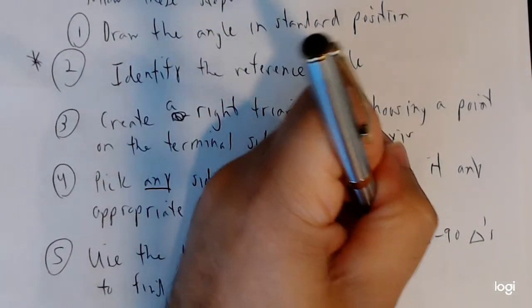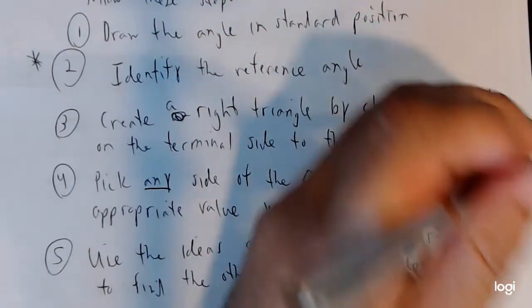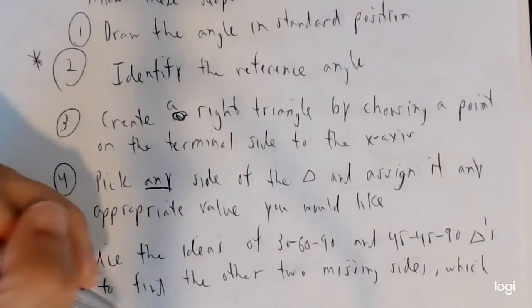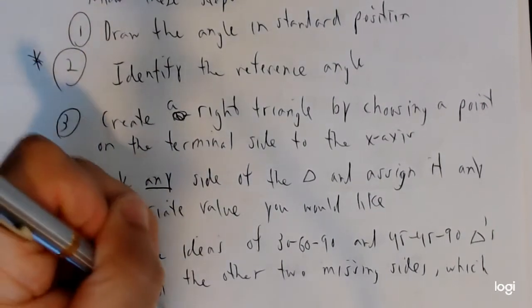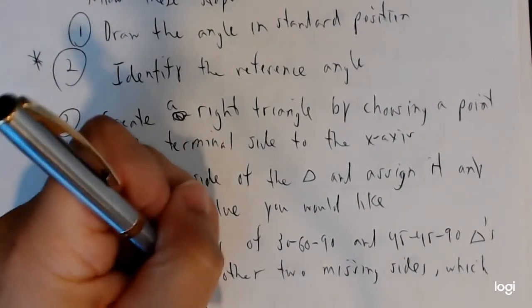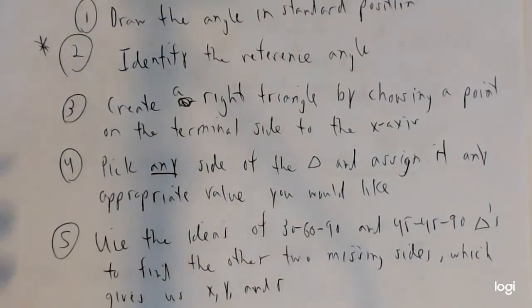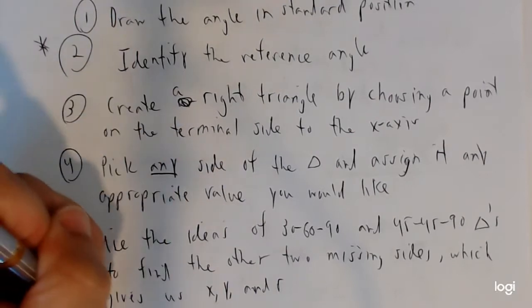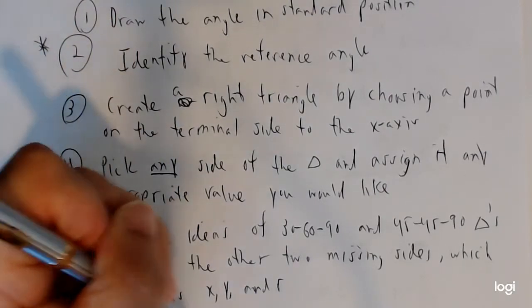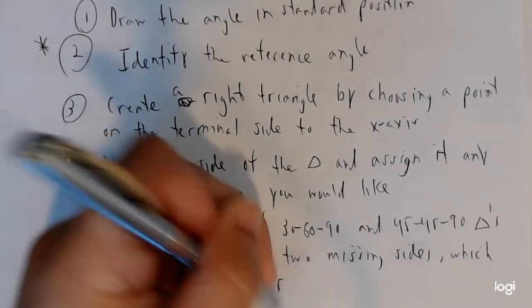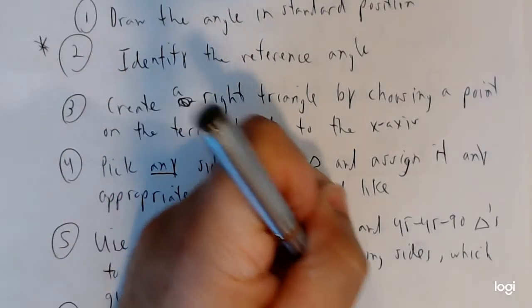And when we do that, this gives us x, y, and r. Then comes the easy part. Then you can give the exact values of the trig functions.